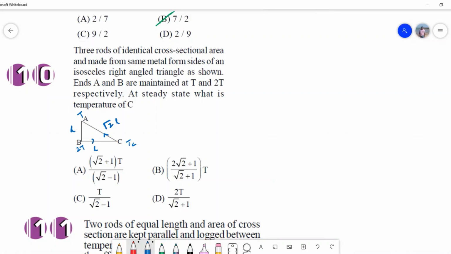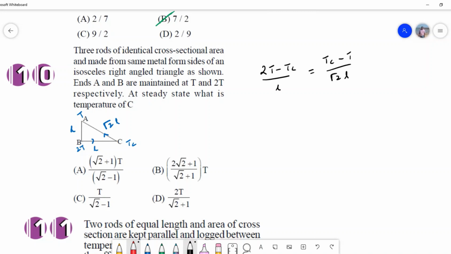So again, let us equate the temperature gradients, or heat current simply. So 2T minus Tc upon L should be equal to Tc minus T upon root 2 L, that is, change in temperature by length.